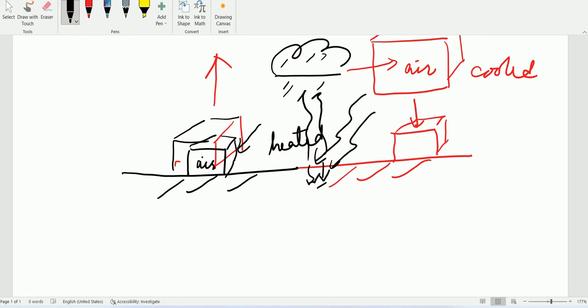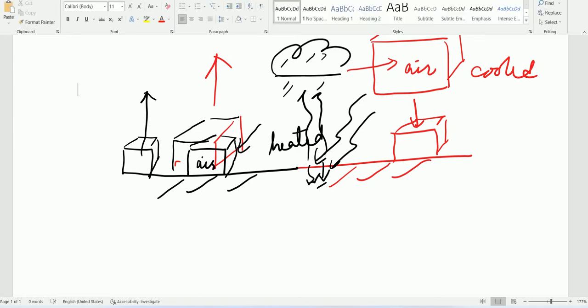Why? Because let us say this is a parcel of air at the surface, and when it is heated, it becomes lighter and will move upwards. When it rises upwards, there will be expansion of the volume, that is, the size of the parcel of air will be expanded.